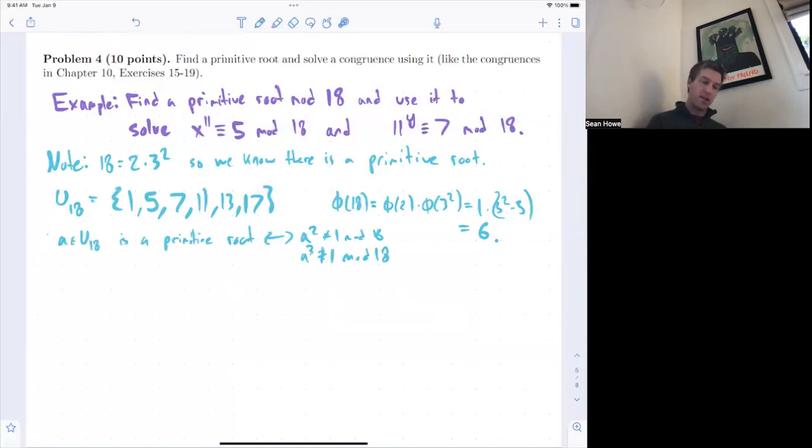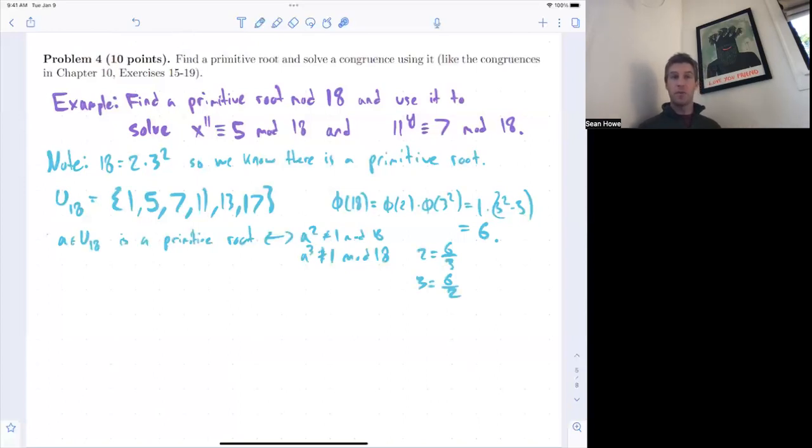So this 2 is coming from taking 6 and dividing by 3, and this 3 is coming from taking 6 and dividing by 2. The 6 is the order of the unit group.